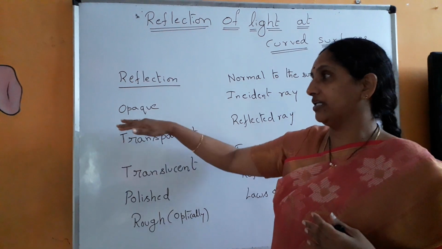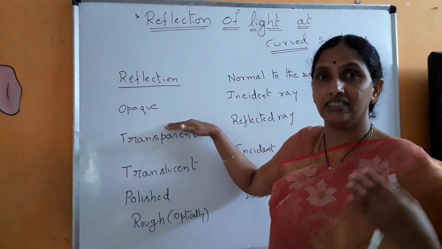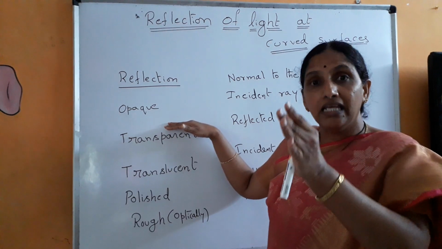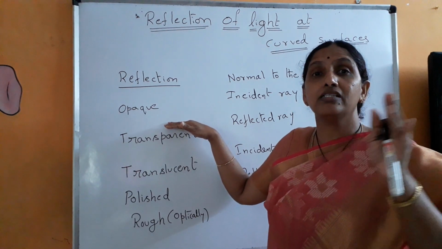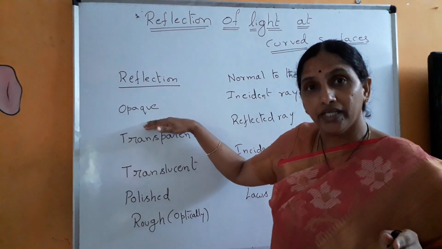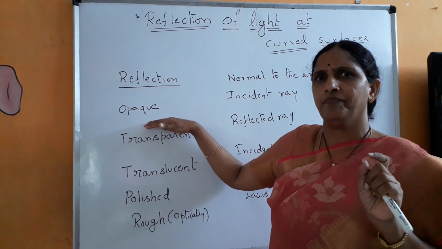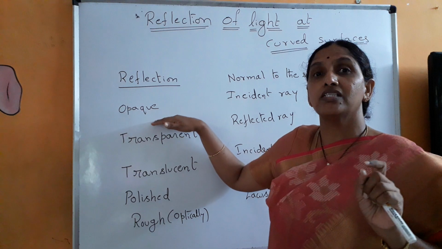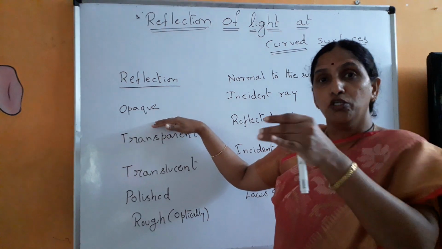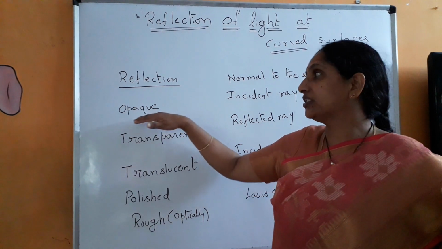Okay, so opaque. Now it is clear, right? Any surface which cannot allow the light ray to pass through it is opaque. A very simple way of saying it is a surface which does not allow the light ray to pass through it is opaque.